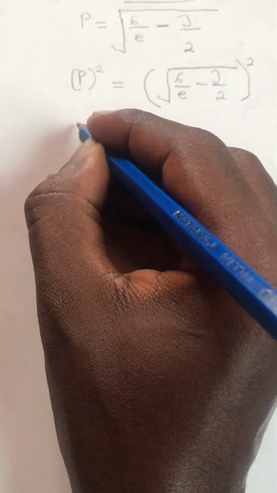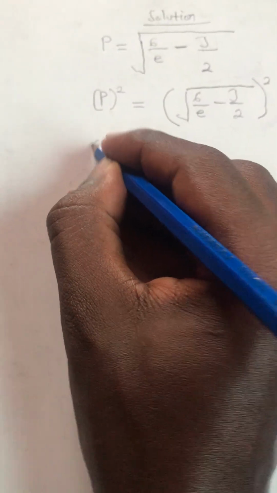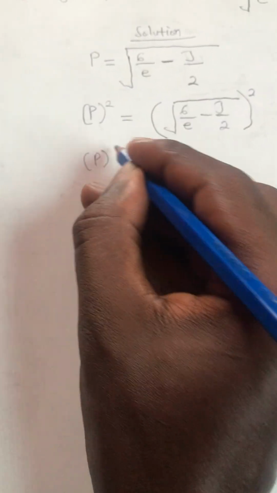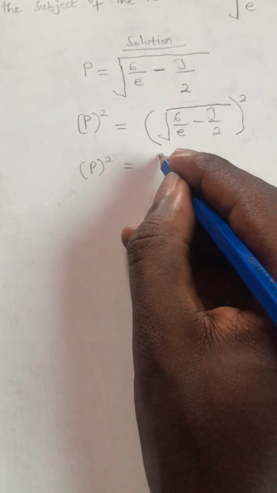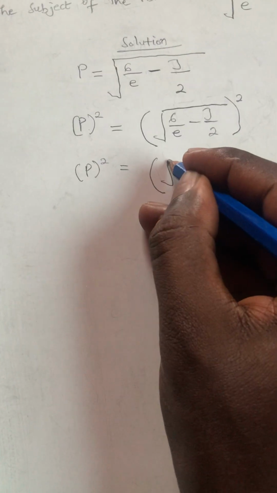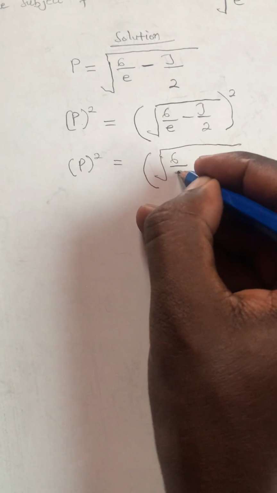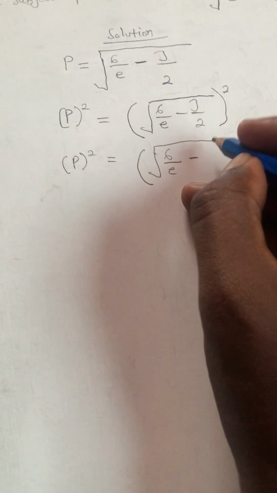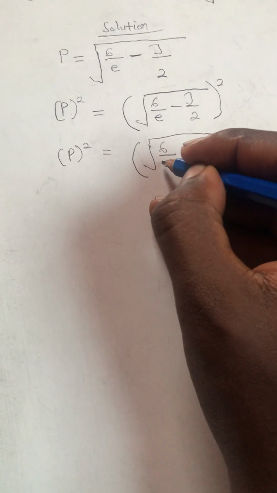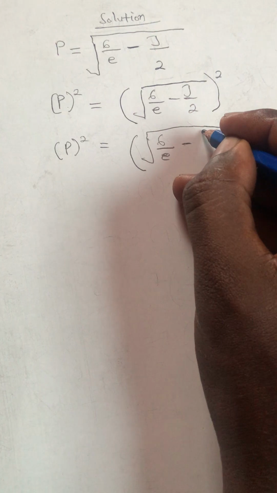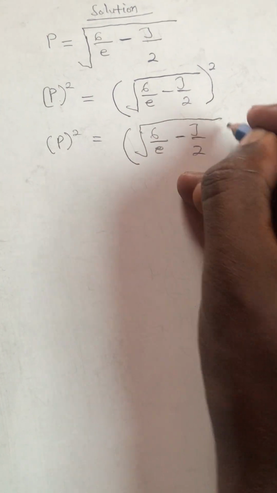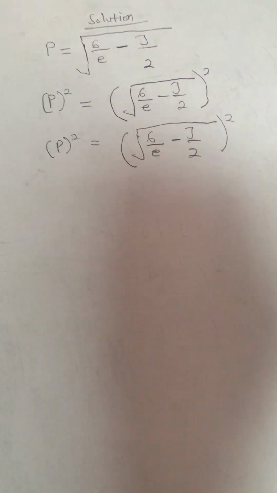So we have our equation to be P squared equals the square root of 6 over E minus the fraction J over 2, squared.